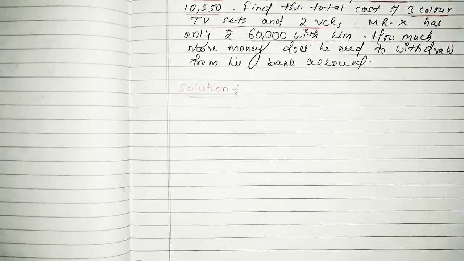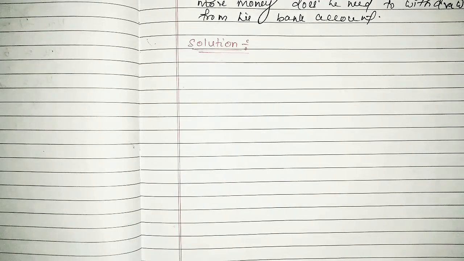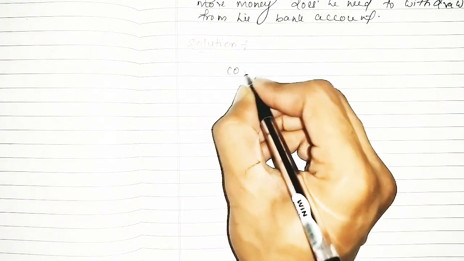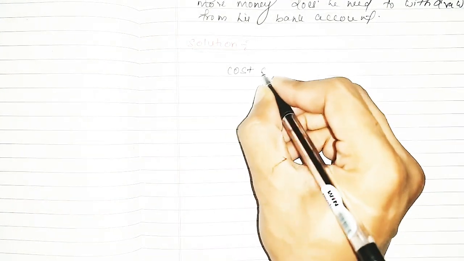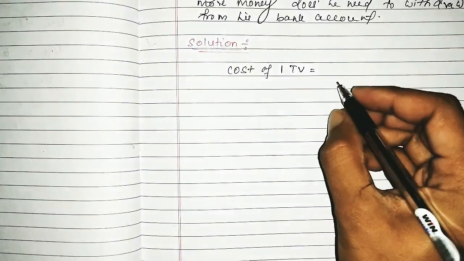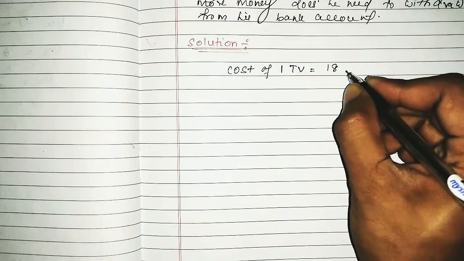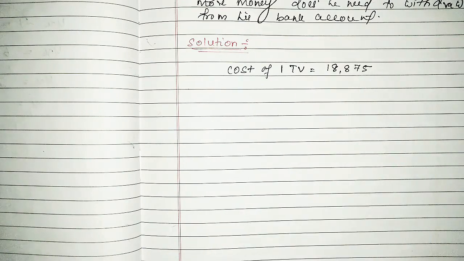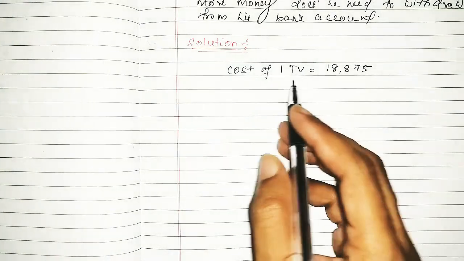Okay, let's see the solution. So first, the cost of one TV. What is the cost of one TV? 18,875.